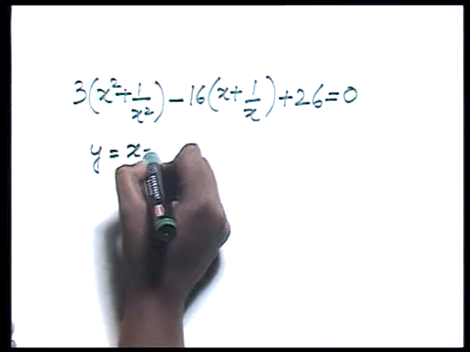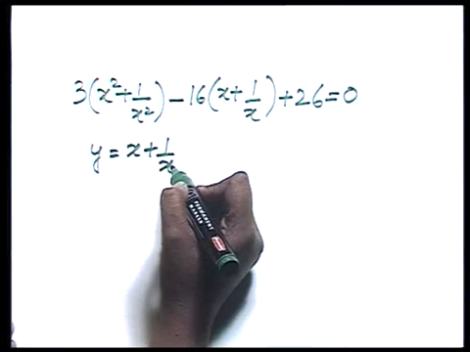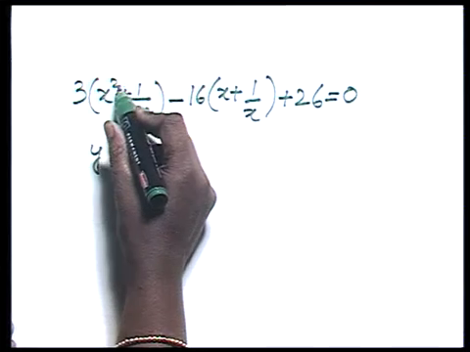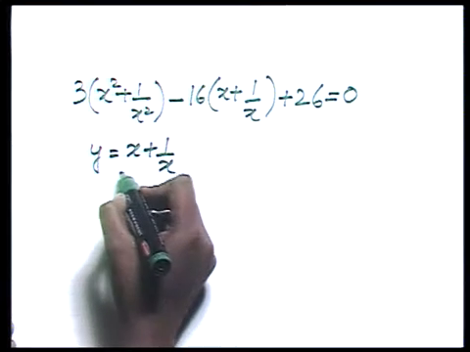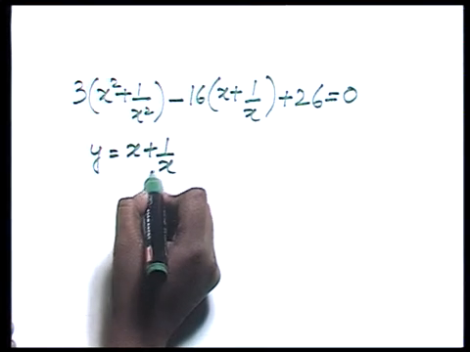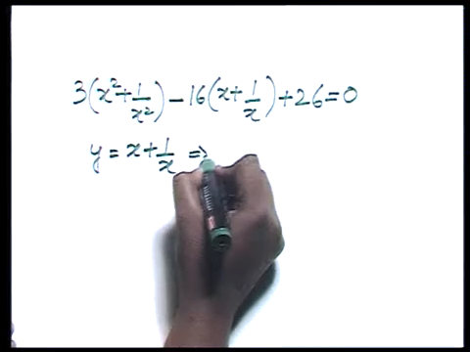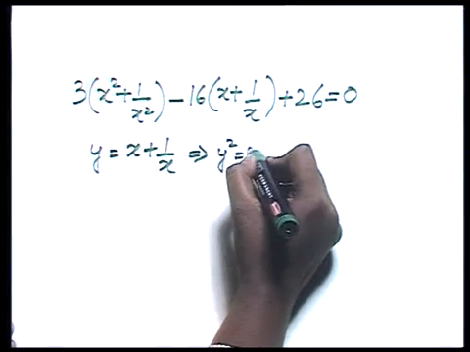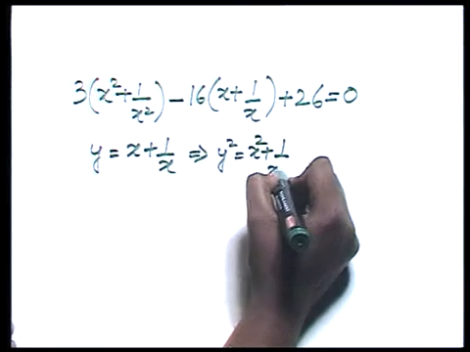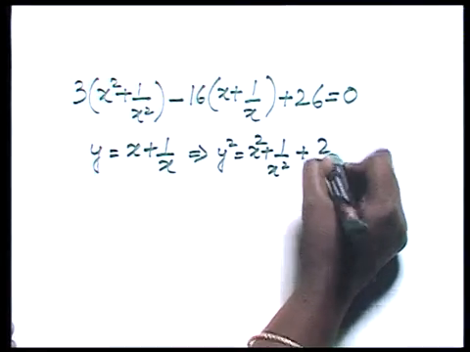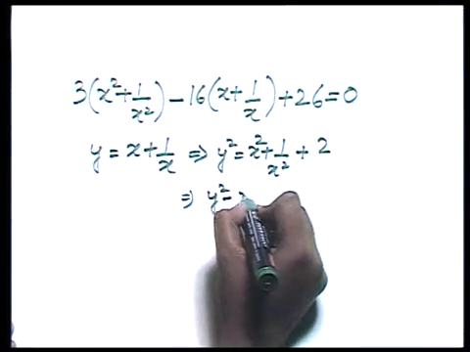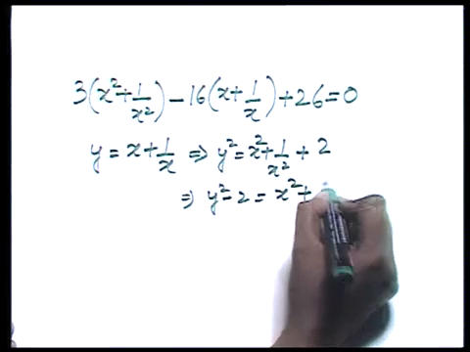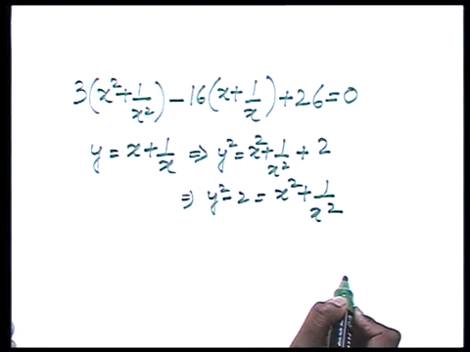If we substitute y is equal to x plus 1 upon x, then what will be the value of x square plus 1 upon x square in terms of y? For that, let us square both sides of this equation. Squaring, we get y square is equal to x square plus 1 upon x square plus 2, or we get y square minus 2 is equal to x square plus 1 upon x square.